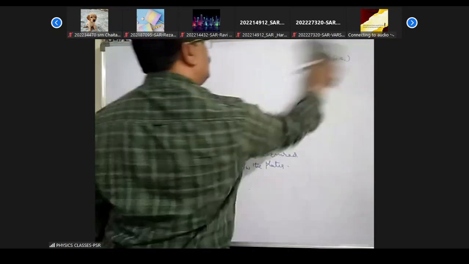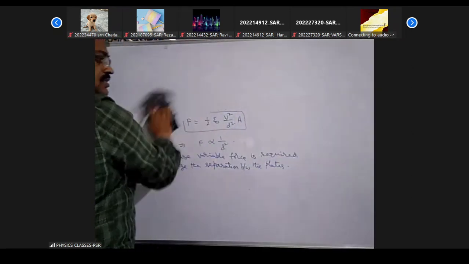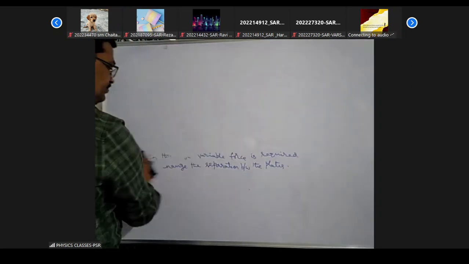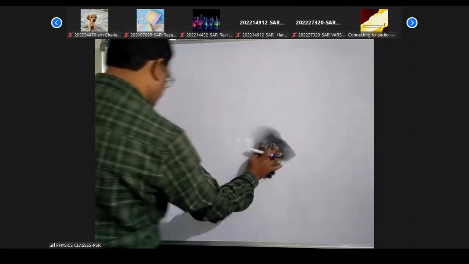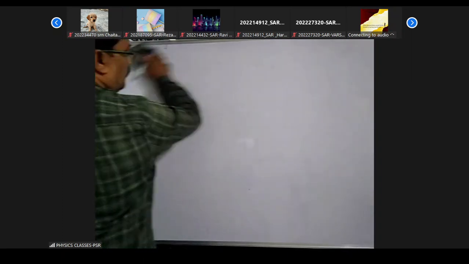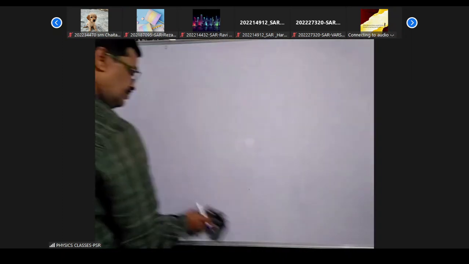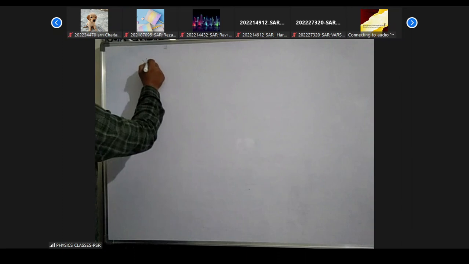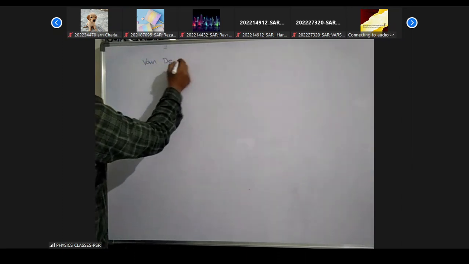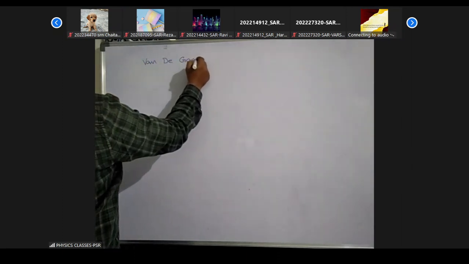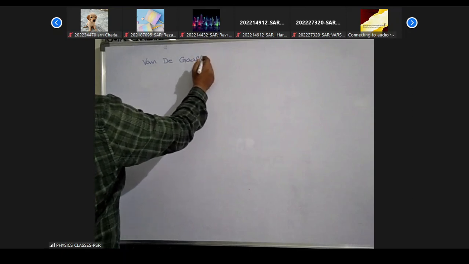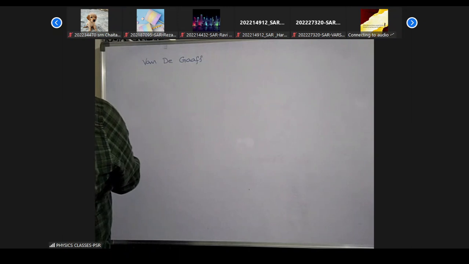Now, let us discuss the Van de Graaff generator, the last topic in this lesson. Note down this heading: Van de Graaff generator.